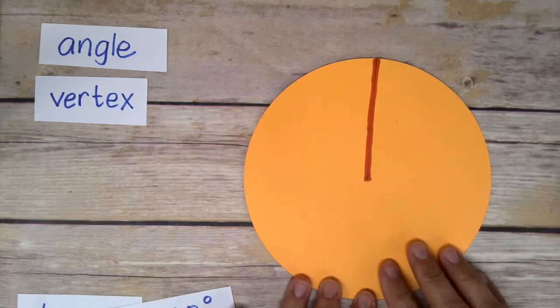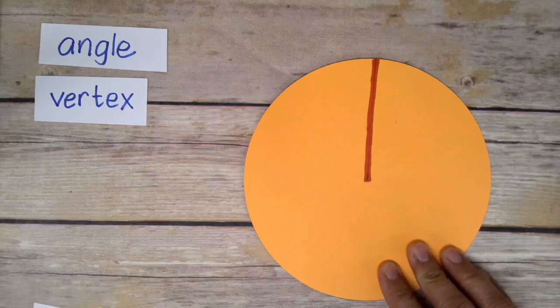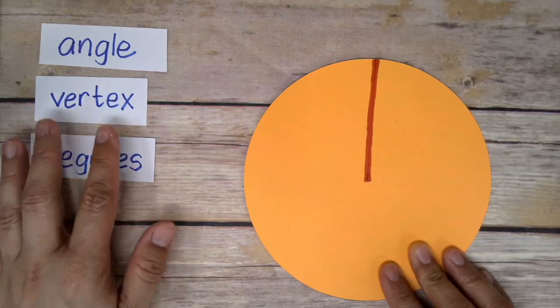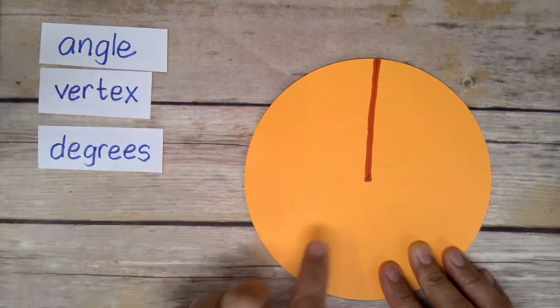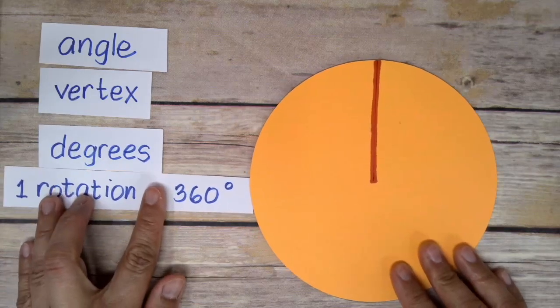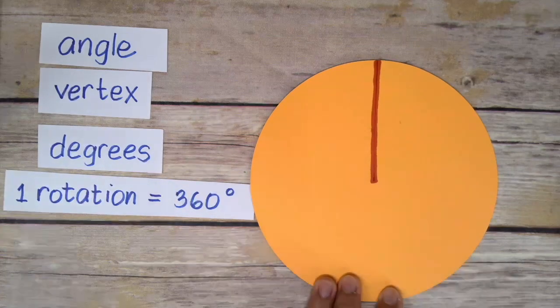In terms of degrees, the size of the angle is measured in degrees, and one complete rotation is equivalent to 360 degrees.